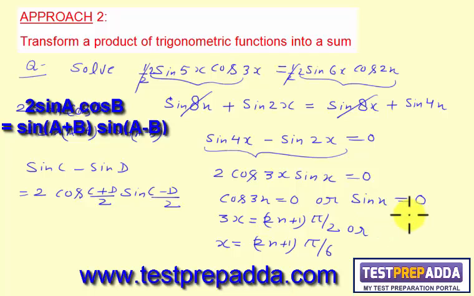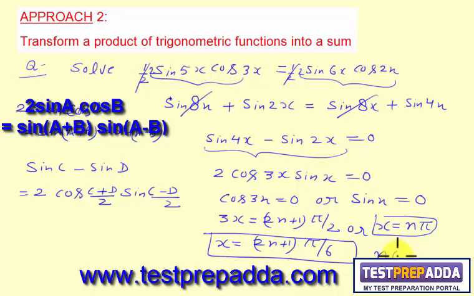And here if sin x is equal to 0, then x will be equal to n pi, where n belongs to integers. So this way we get the solution of the equation. Here we have used the approach where we transform a product of trigonometric functions into a sum.